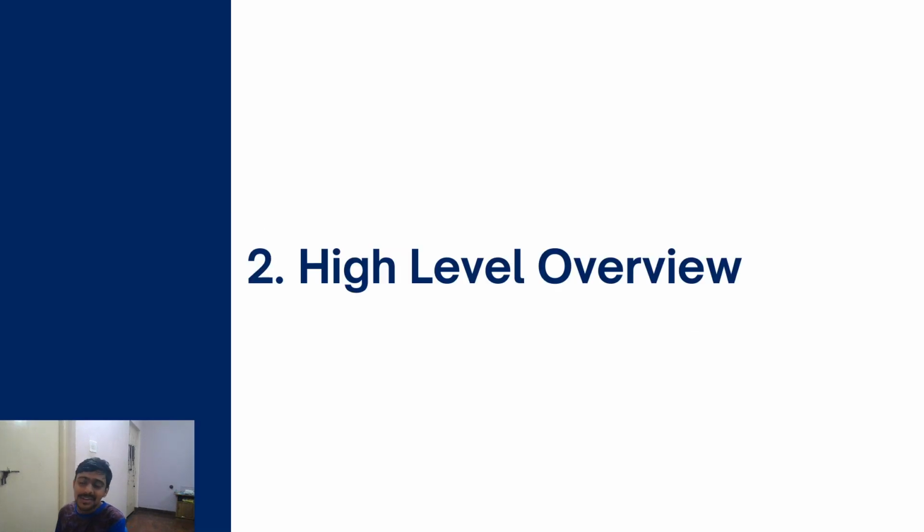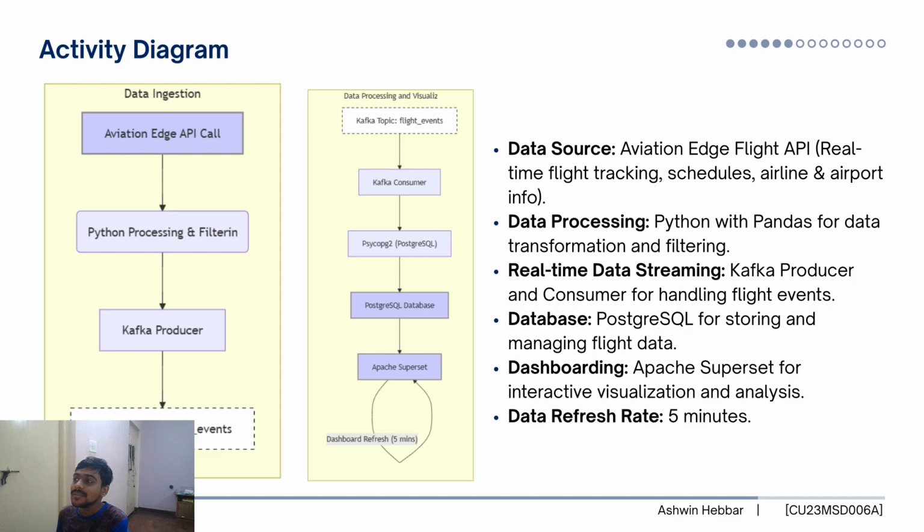Okay, so let's talk about the high-level overview of this project. For the data source itself, I've used the AviationEdge flight API. This is real-time flight tracking, schedule, airline, airport info, all of that sort of stuff. This is a REST API. I'll go into why I chose this specifically in the further slides.